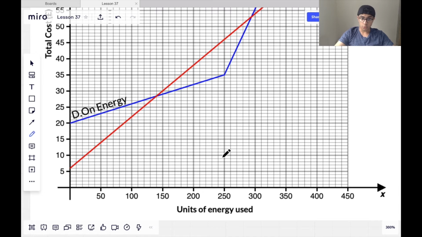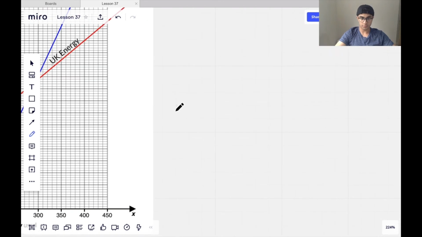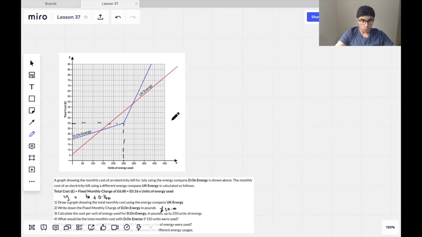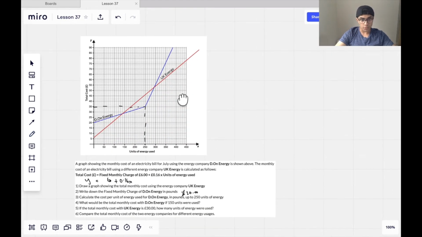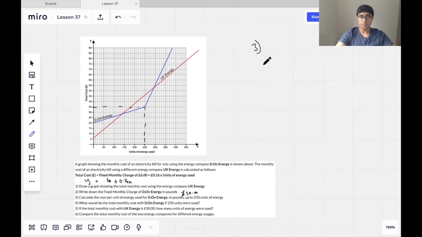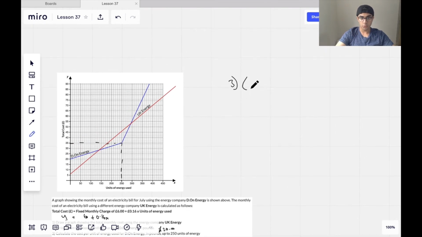So let's just pick 2 points. Let's say 250, 35, and 0, 20. What question is that? That is question 3. So we have the points 250, 35, and 0, 20.